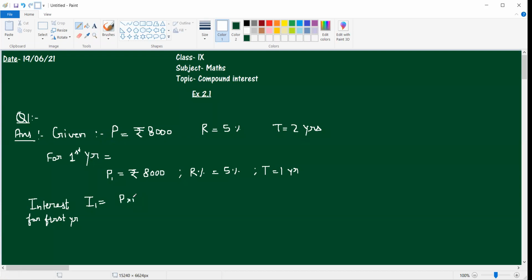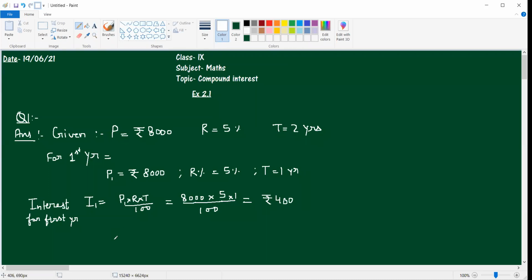T is 1, so even if we put it there, it doesn't matter. So 8,000 into 5 divided by 100 multiplied by 1. From here we will get 400. Clear?